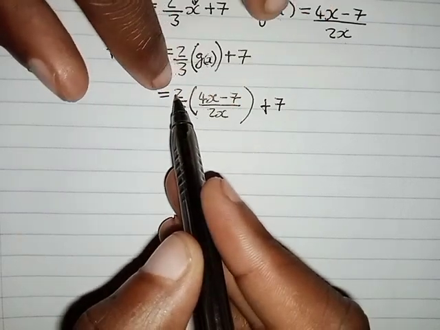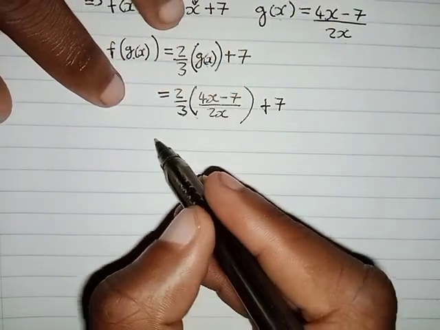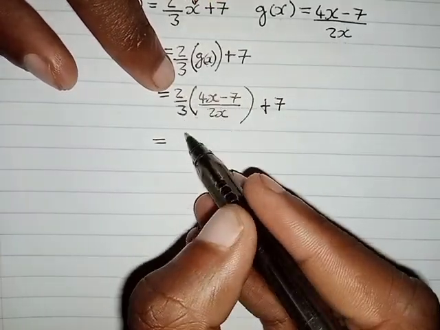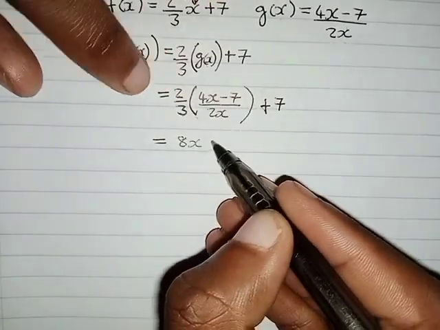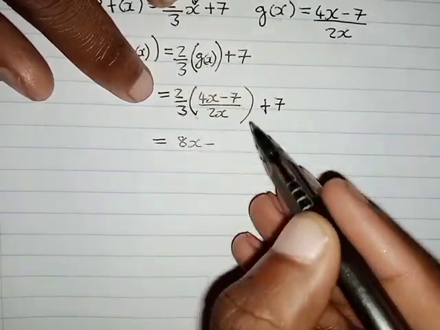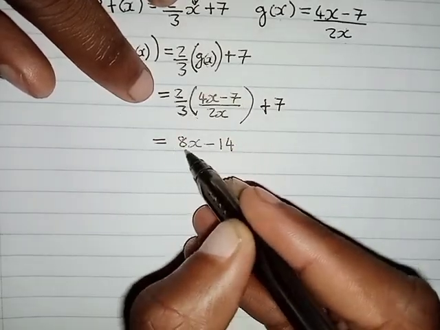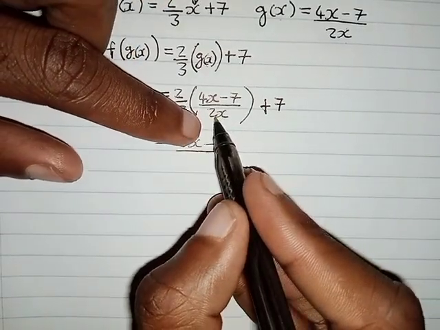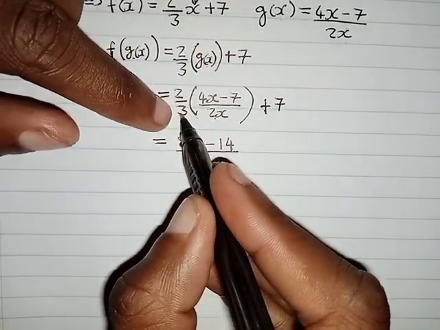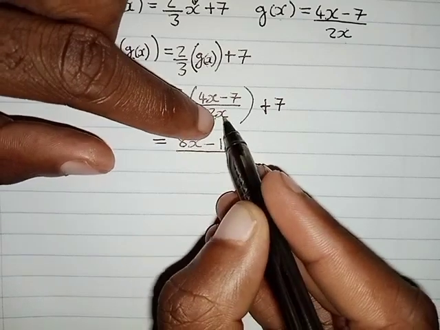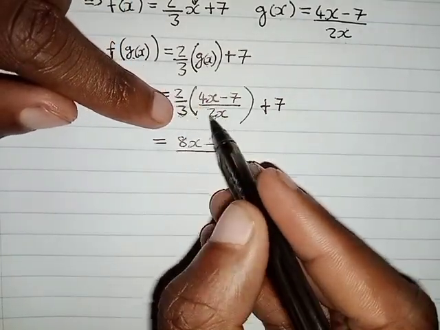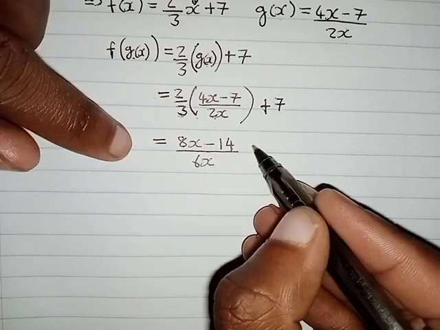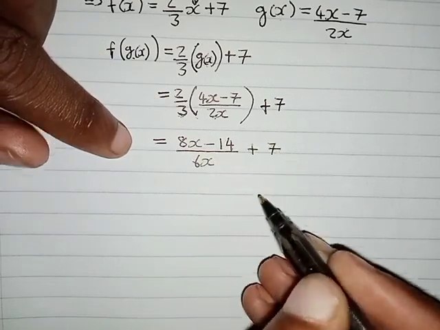So let us follow the distributive law. We have 2 times 4, we get 8x, minus 2 times 7, we get 14, divided by the 3 down multiplied with the 2x in the denominator. So 3 times 2, we get 6x, plus the 7.